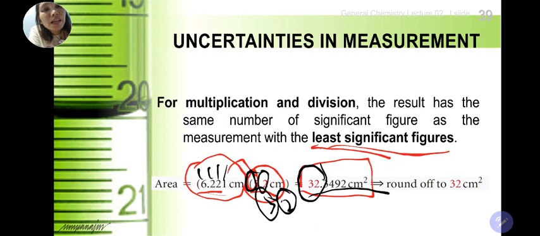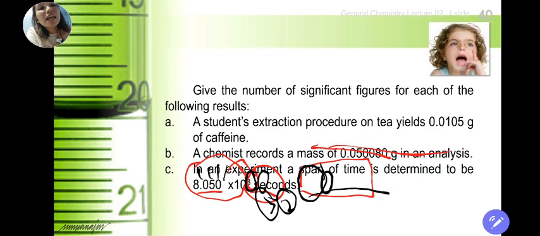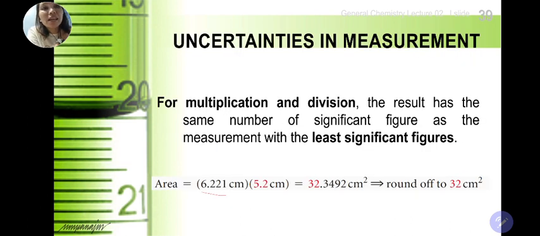Since less than 5 yung susunod na number, ang magiging answer lang natin is 32 centimeter cube. Okay? So, we use the correct number of significant figures. Sa magiging exam nyo, I want you to be very, very careful in reporting or choosing the correct answers because it depends on the correct number of significant figures. So, you have to review these rules very well. Okay?